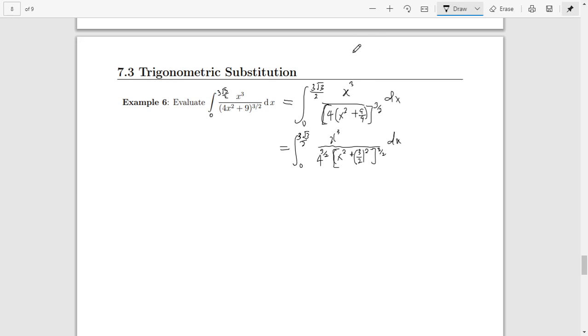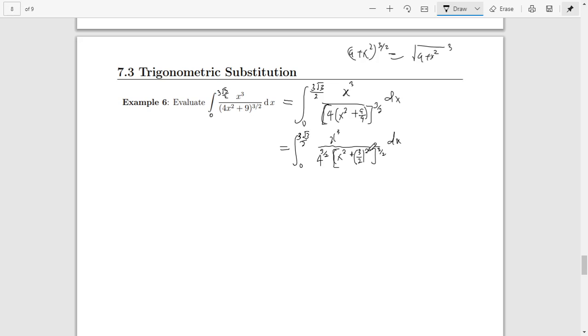Notice that if I have a radical expression, a squared plus x squared to the power of 3 over 2, this is the same thing as the square root of a squared plus x squared to the power of 3. So we have a radical expression, and that is why we are trying to use trigonometric substitution.